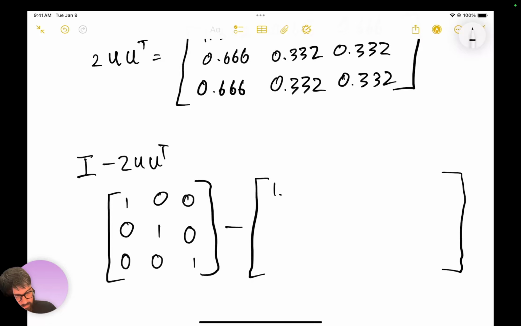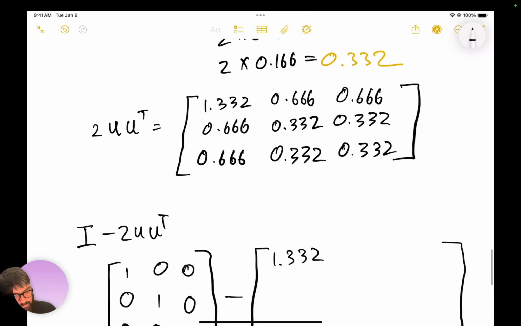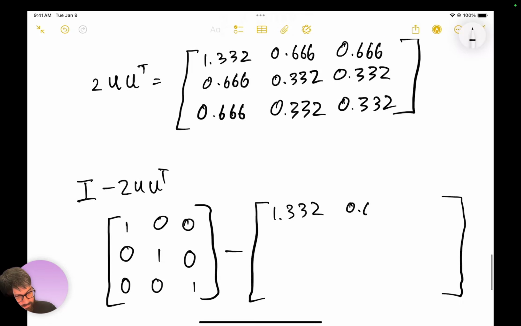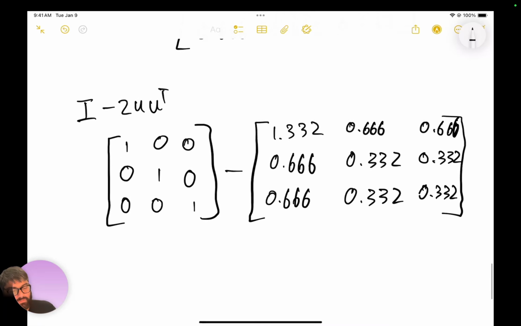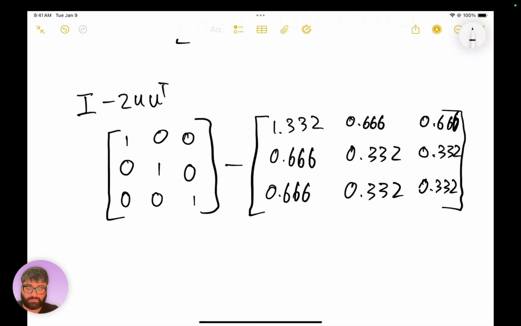This started with 1.332, 0.666, 0.666, 0.666, 0.332, 0.332, 0.666, 0.332, 0.332, right? So it's pretty straightforward.